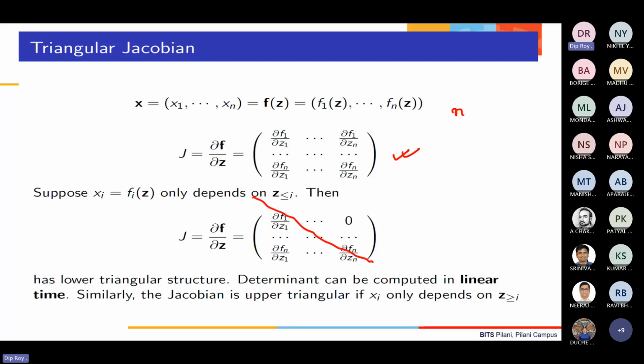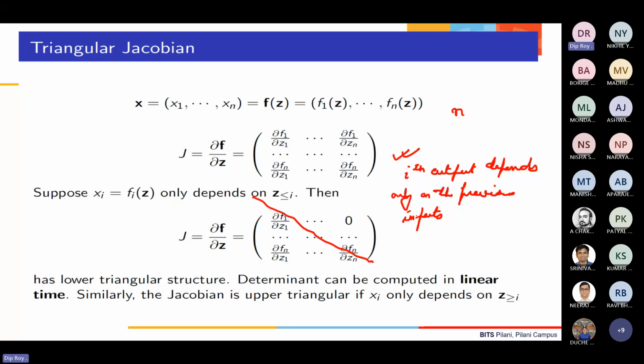How do you achieve the lower triangular matrix? This is only possible if the ith output depends only on the previous inputs, same as the autoregressive case.